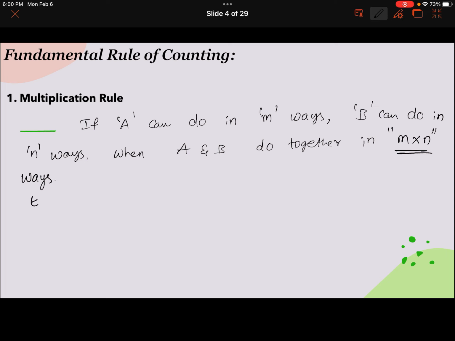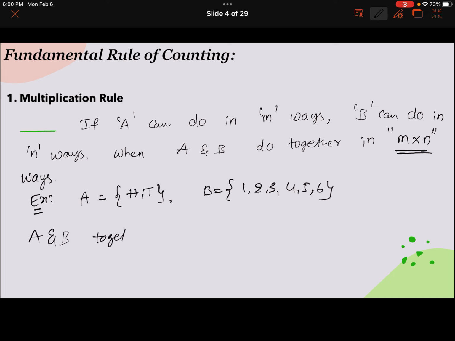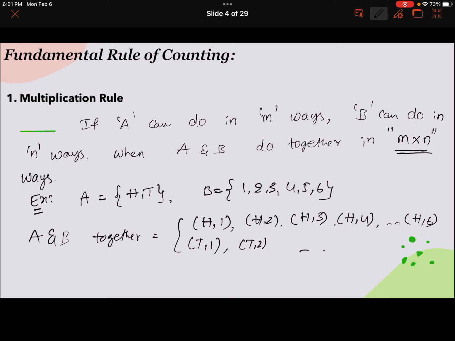For example, A is tossing a coin and B is throwing a die. A and B together will give H1, H2, H3, H4, H5, H6, as well as T1, T2, up to T6. That is 2 into 6, 12 ways.